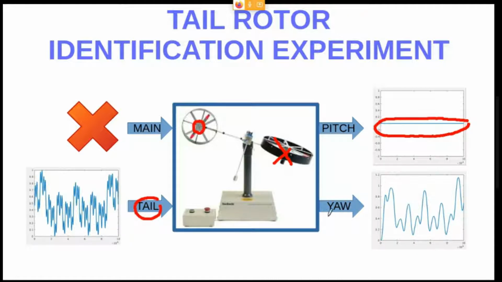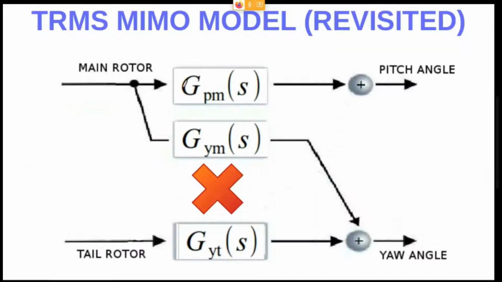So only an effect to the yaw angle has been registered. So now we can say that the transfer function that connects the tail with the pitch angle is null, just because we haven't registered any effect on the pitch angle thanks to the tail rotor voltage, right?